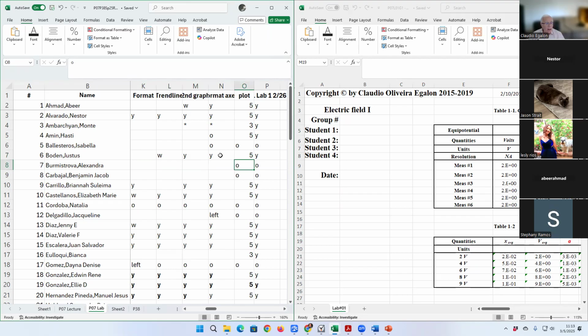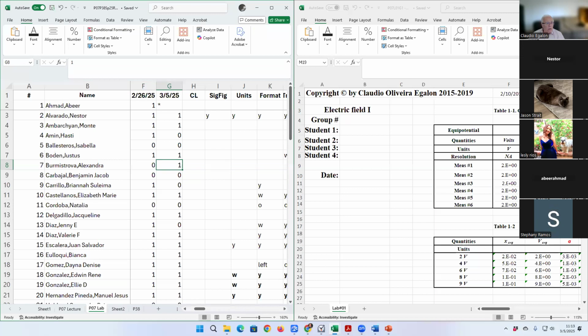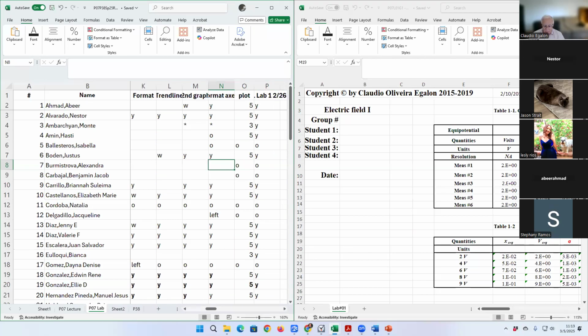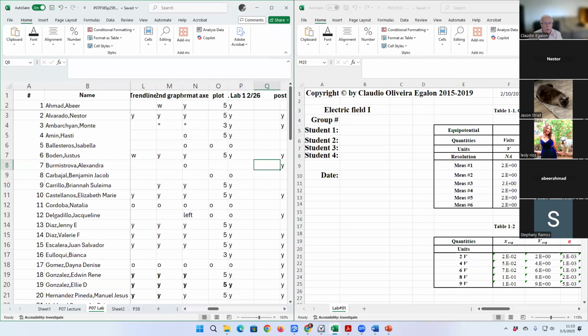Let's see, Alexandra. Is Alexandra here? I don't see Alexandra. Remistova. I thought I saw Alessandra, right? Yeah, it looks like she left. Okay, Alexandra Remistova, I'm going to write that down as left here.